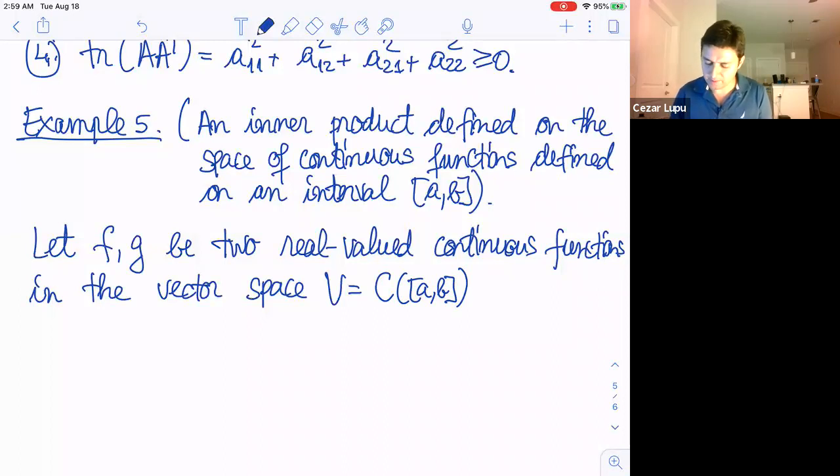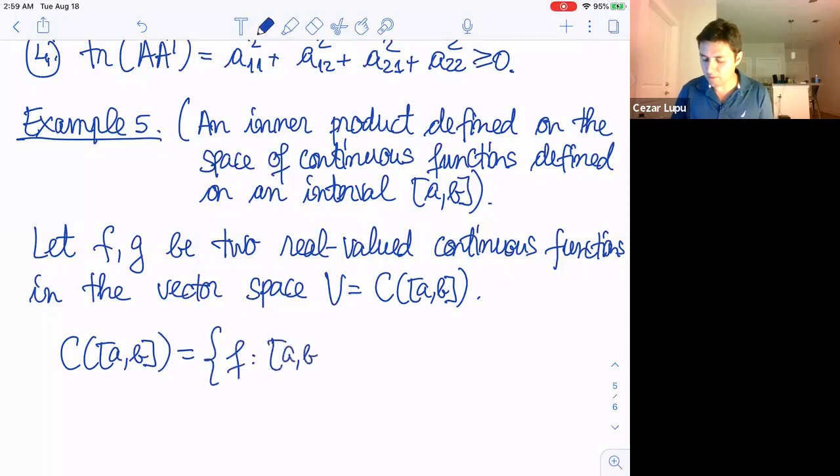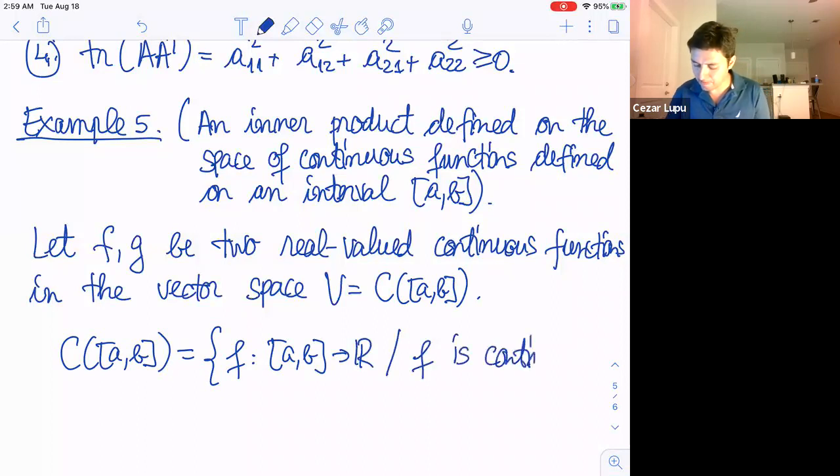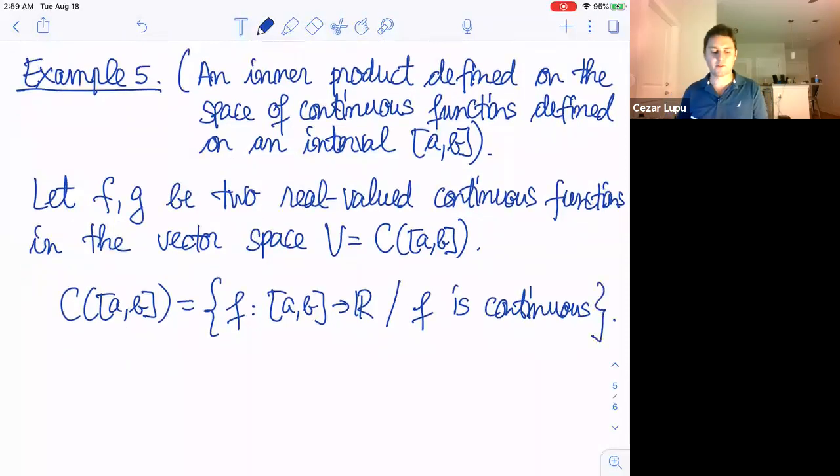So let's write it explicitly. C[a, b] is nothing else than this set of f defined on [a, b] and real valued, f is continuous. This is the space of continuous functions.